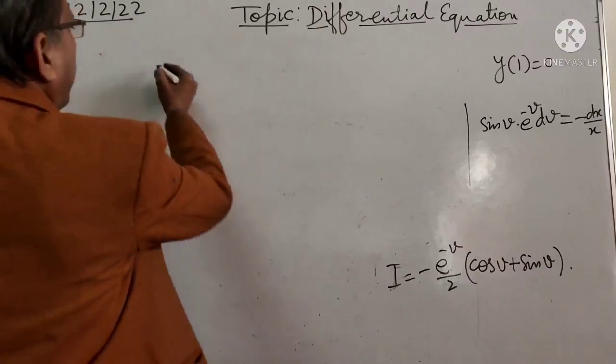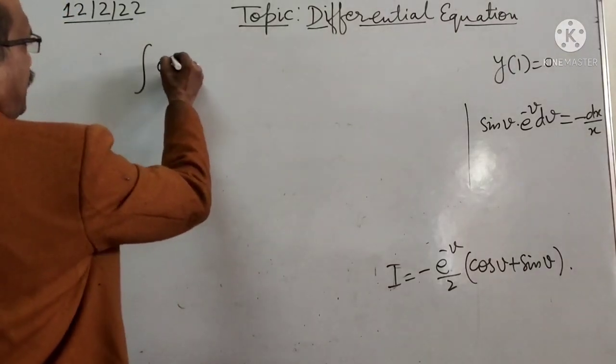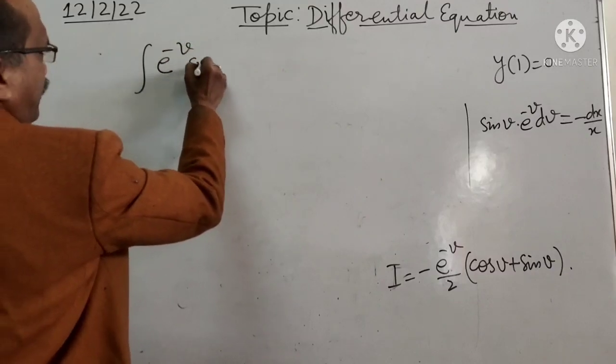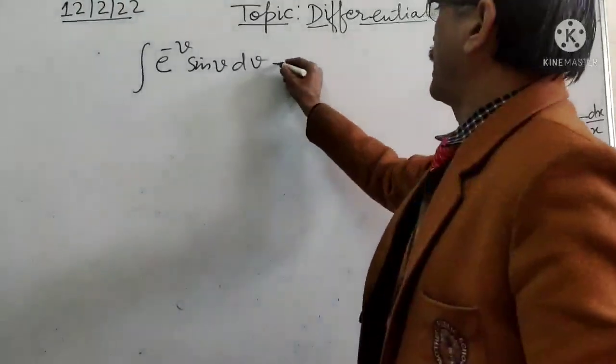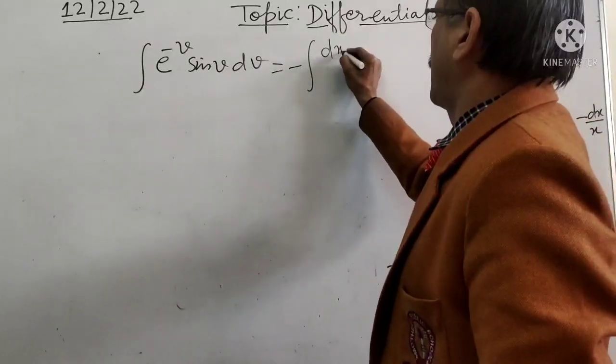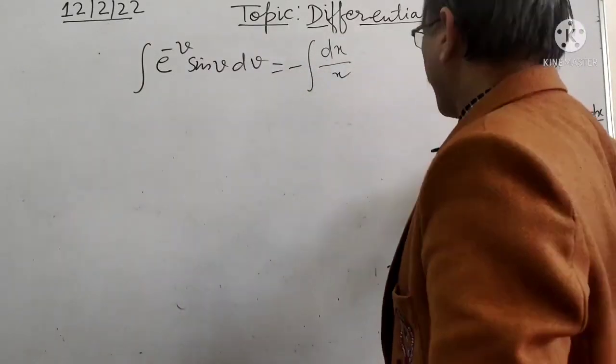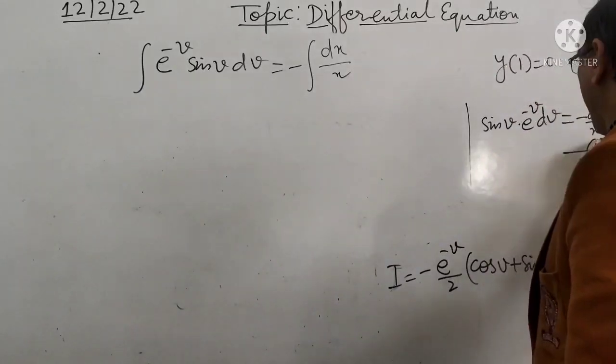Therefore, integration of e power minus v sin v dv equal to minus integration dx upon x. We will integrate it.